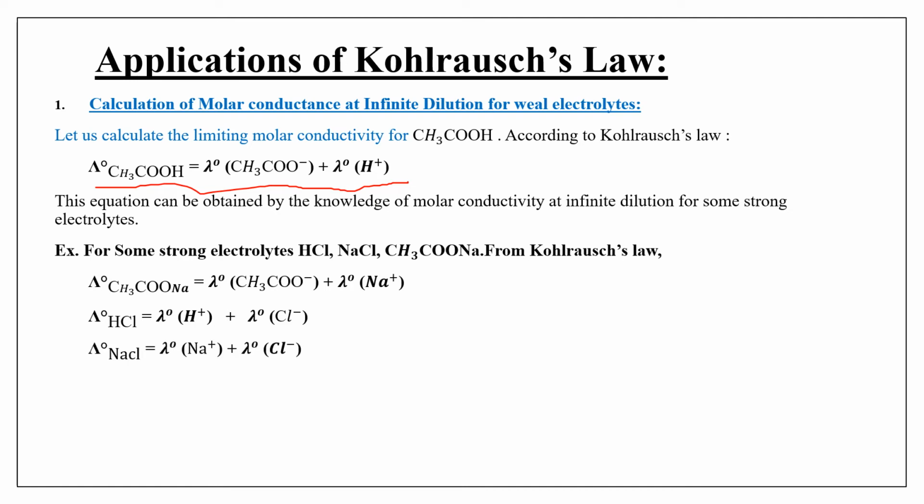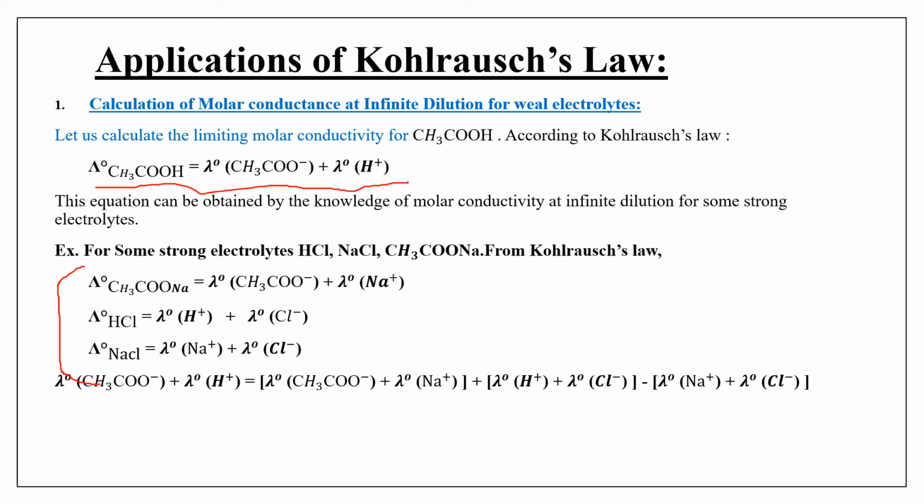Now as we combine these three equations, these all being strong electrolytes, we can find the value of the molar conductivity at infinite dilution, that is lambda m naught, for a weak electrolyte. How is it possible? Let's see. On combining the equations, suppose this is equation 1, this is 2 and this is 3. As we add equations 1 and 2, we will get this line.